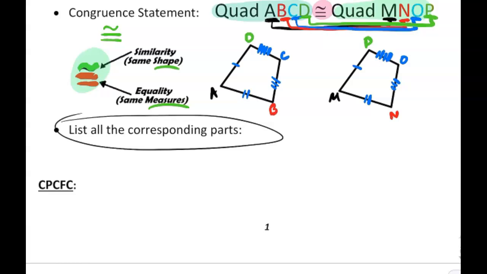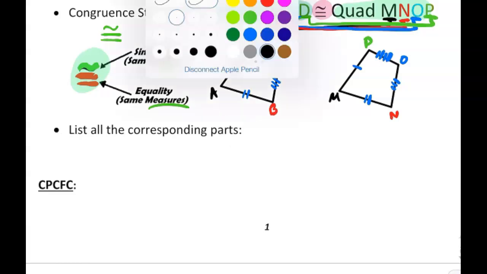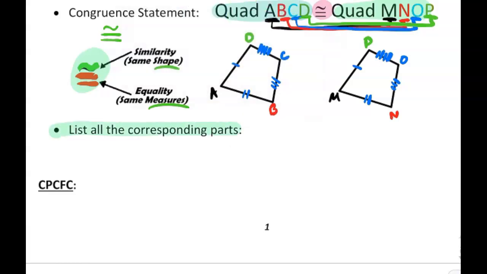So here it says list all the corresponding parts. There are 8 parts going on here. You have 4 angles and 4 sides. So first let's just do angles since it's easier. Angle A is going to match up with and be congruent to angle M, right? That's its twin on the other one.